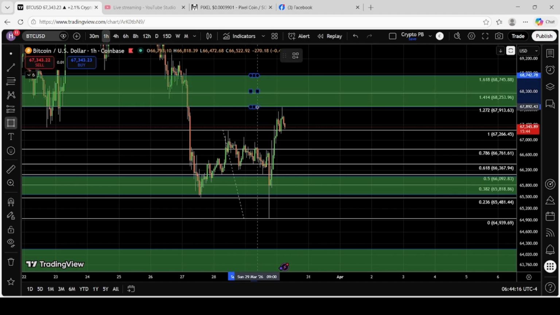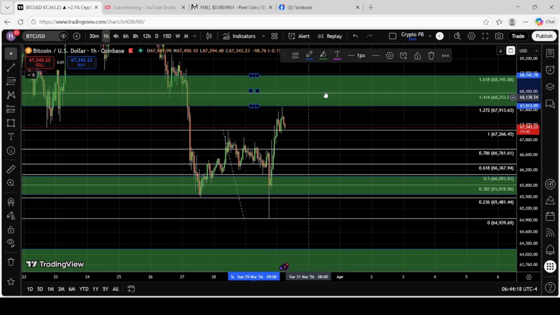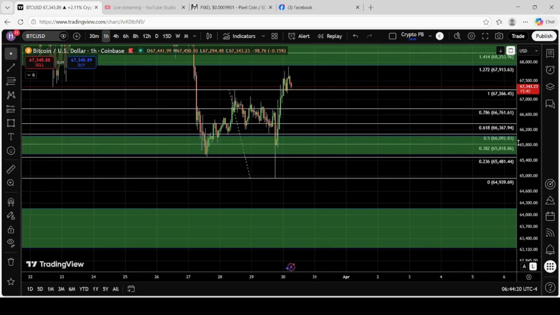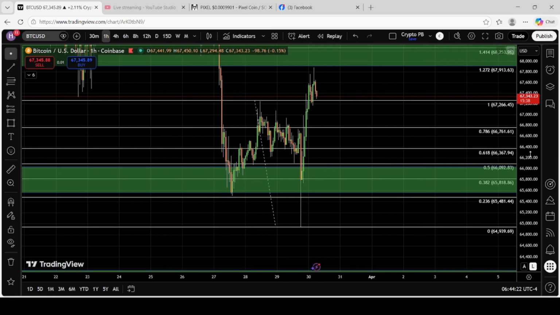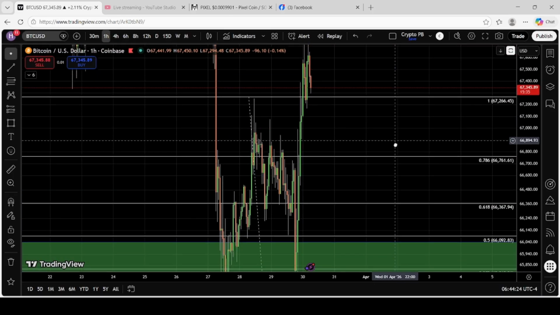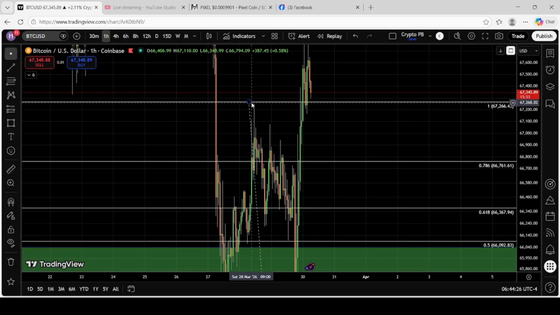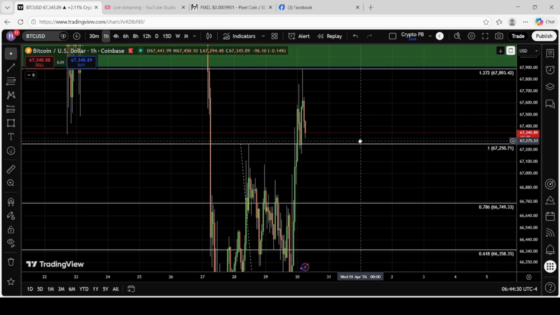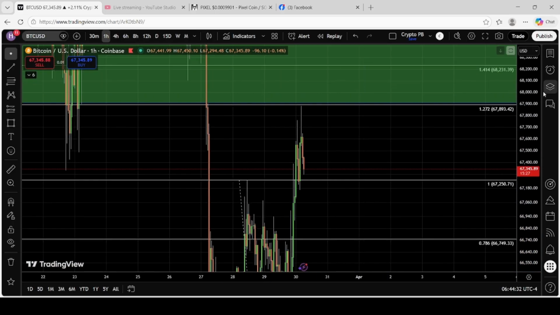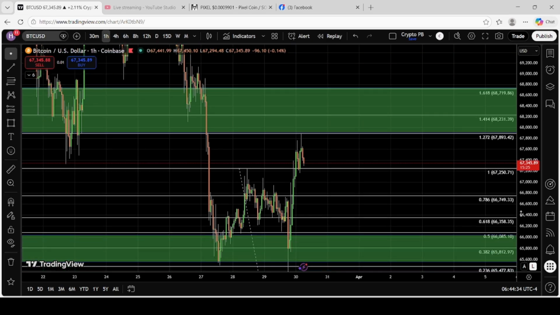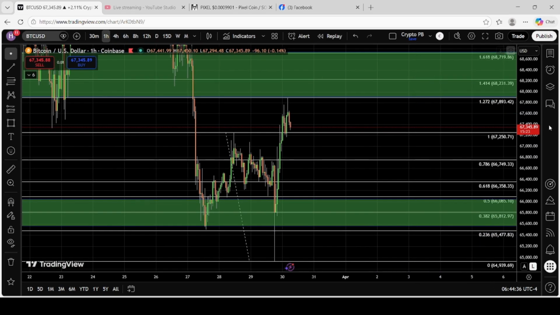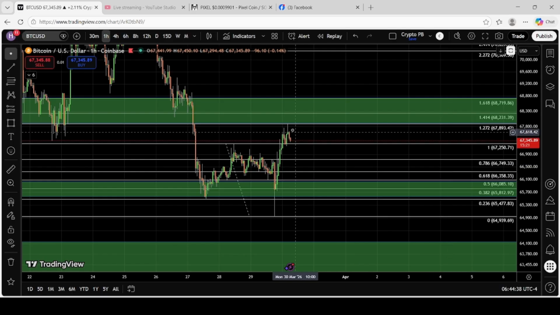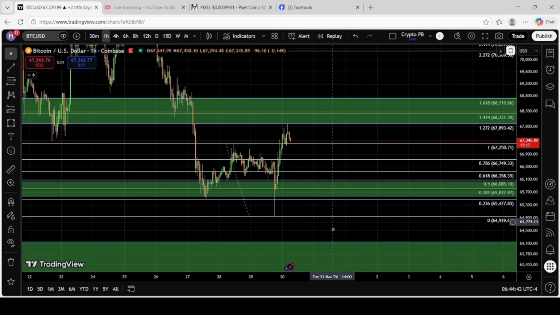Target 1.272 to 1.618. See if I have these perfectly in here. Bring this down. You can see it just about hit this level. This would have been my target. In this level, having a little pullback, come higher, or come down to these levels down here.